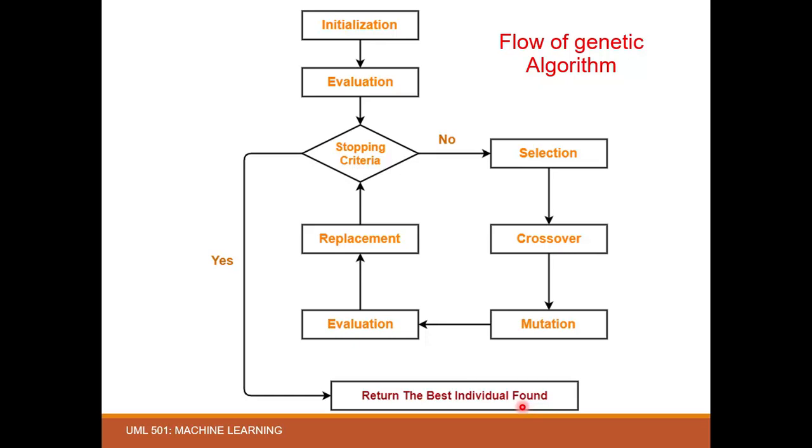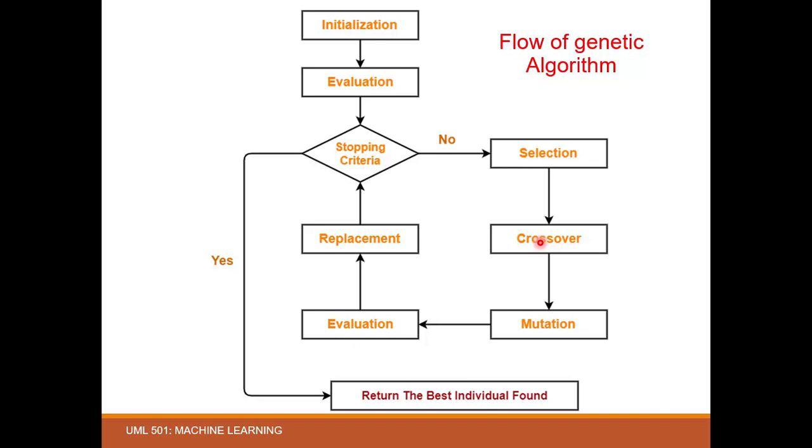If your stopping criteria is not reached, then you have to select a subset from your population and their corresponding fitness values. Then you pass them to a reproduction phase, that is crossover and mutation. First you perform the crossover of the selected individuals from the population.